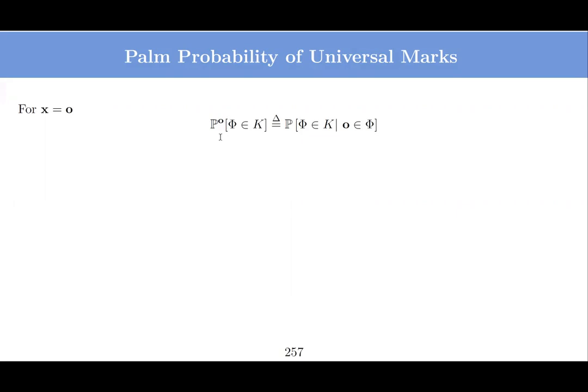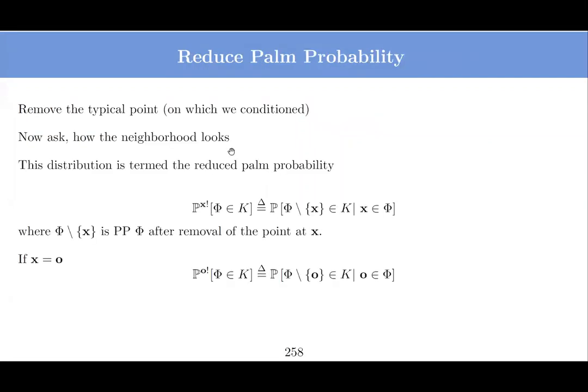There is a point at the origin in the point process. What is the probability that Φ has property K? This is the Palm probability of K, and if it's a stationary point process, it will not depend on X. So you can take X anywhere, so you can just take the origin.